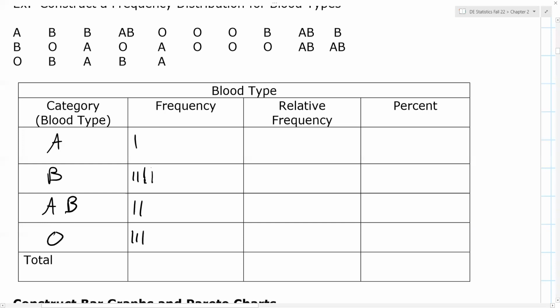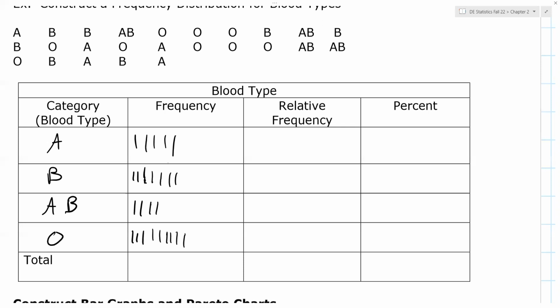Another B, O, A, O, A, O, O, O, A, B, A, B, O, B, A, B, A. I prefer to do it that way. I feel like it makes it easier for me to not skip something accidentally. But it's up to you.